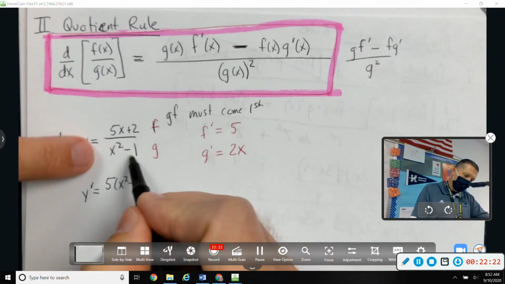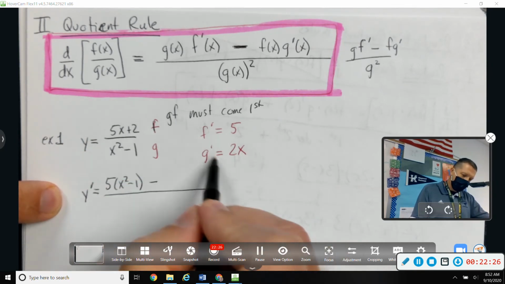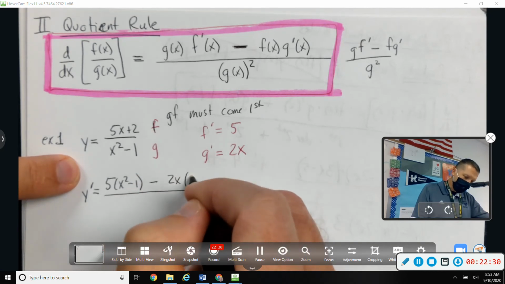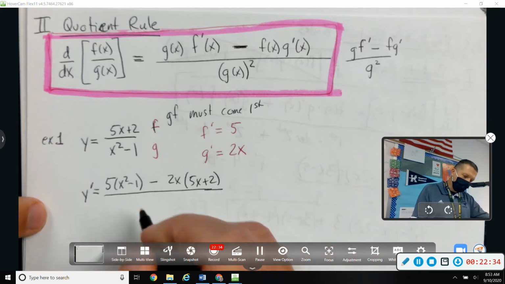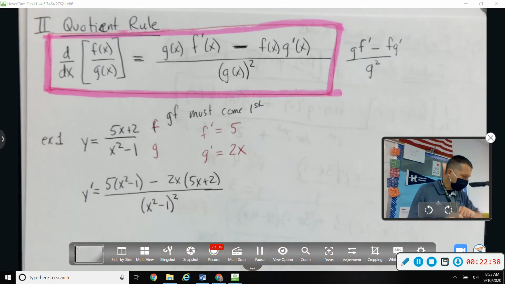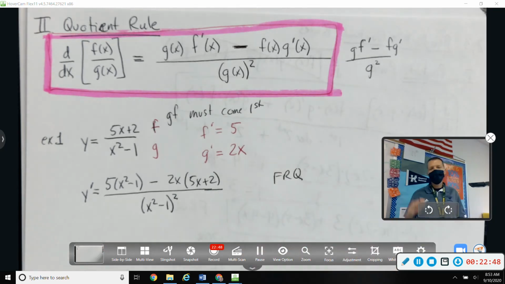So that's GF prime minus the other way, FG prime. So that would be 2x times 5x plus 2, all over G squared. And again, for your response, you're good.